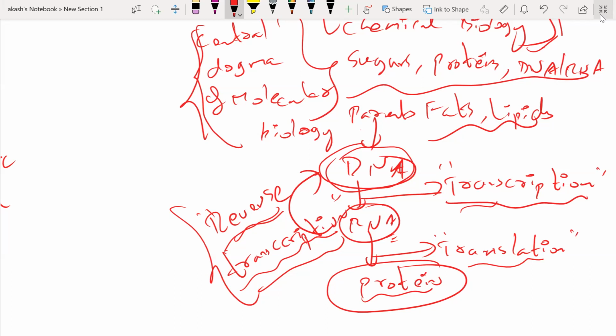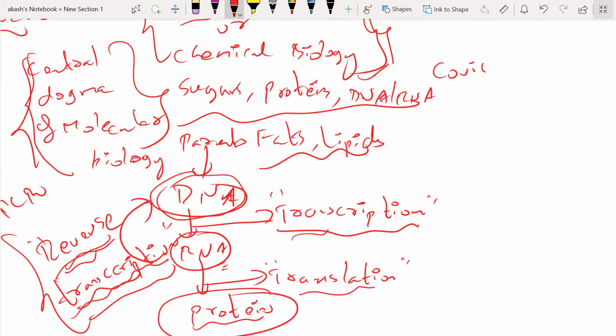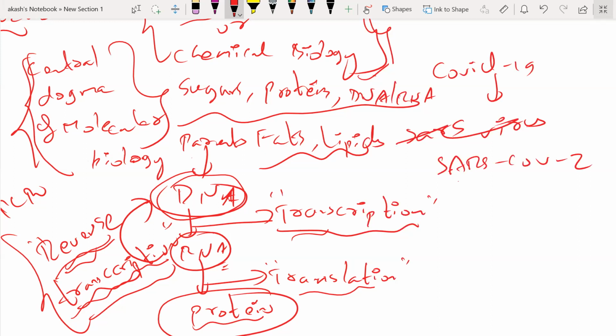Okay, COVID. What is this? RT. So this is what is my RT-PCR, people. RT is reverse transcription. Basically, this COVID is there, right? COVID-19 is a virus. Now, viruses can be of different categories. This particular SARS-CoV-2 is the virus name.